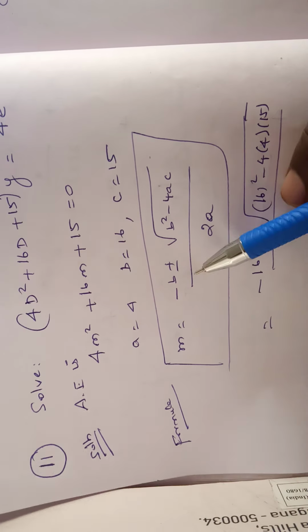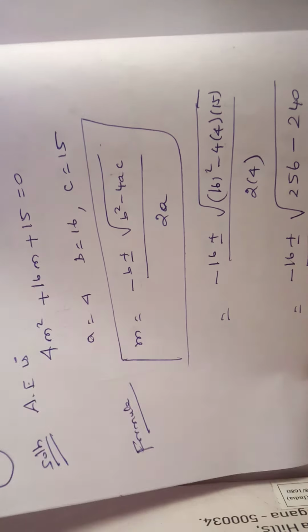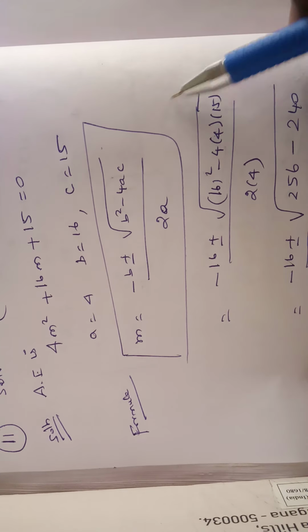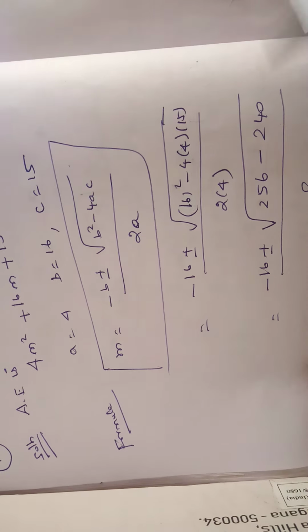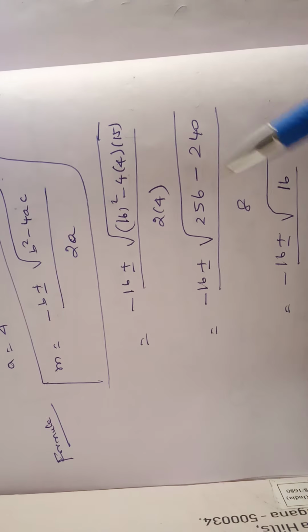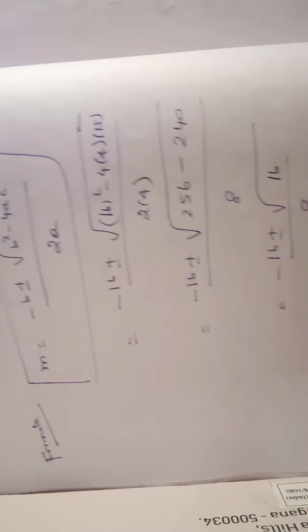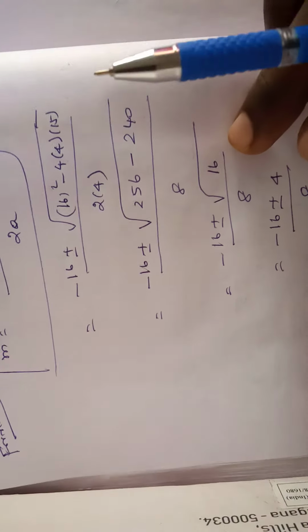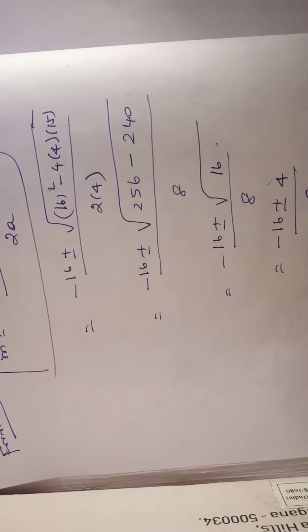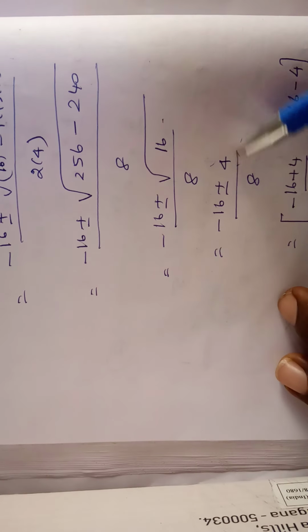By quadratic formula, m equal to minus b plus or minus square root of b square minus 4ac by 2a, minus 16 plus or minus square root of 16 square minus 4 into 4 into 15 by 2 into 4, minus 16 plus or minus square root of 256 minus 240 by 8. So minus 16 plus or minus square root of 16 by 8.